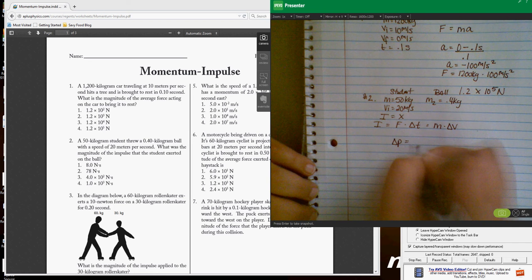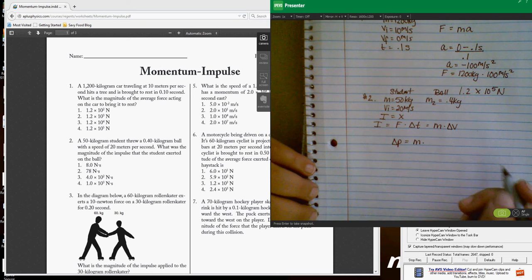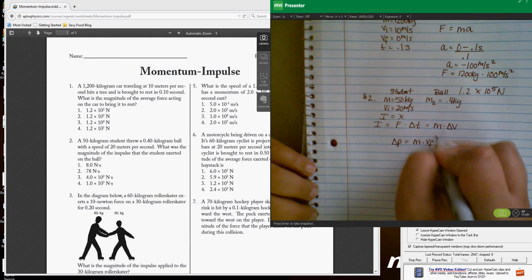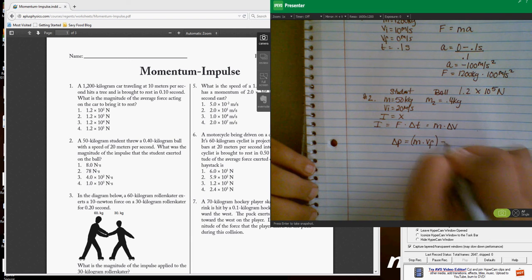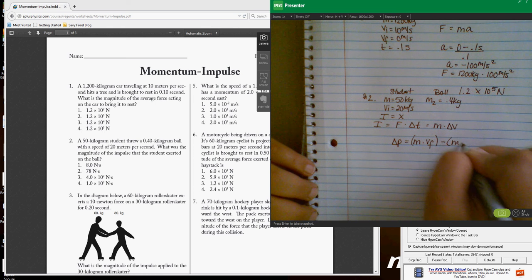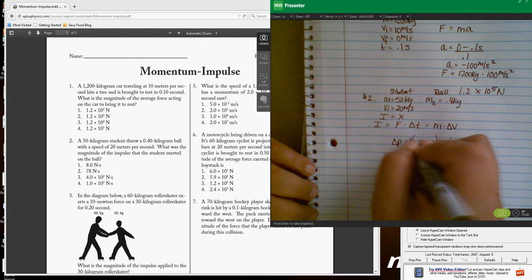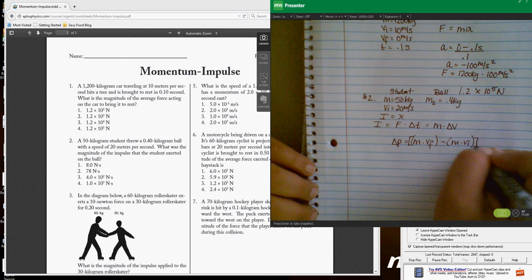which is going to be delta P, which equals mass times your final velocity, and then of course we're going to find that mass times the initial velocity. So again, final minus initial, and this here is going to give you that change in momentum.